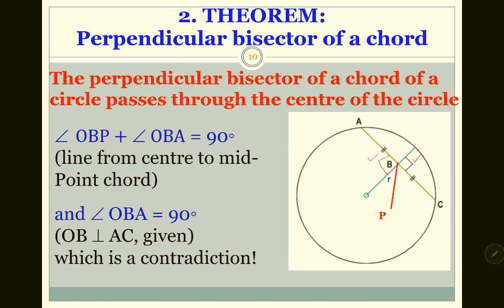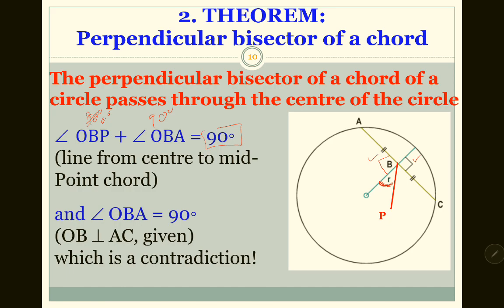Because if OBA is 90, this has to be 0 for this to be 90 degrees. Pardon me, this should be 90 and this should be 0. The other way around. I actually got them the other way around. So we are going to see OBA is 90 and that's it. So this one, OBP, works out to be 0.